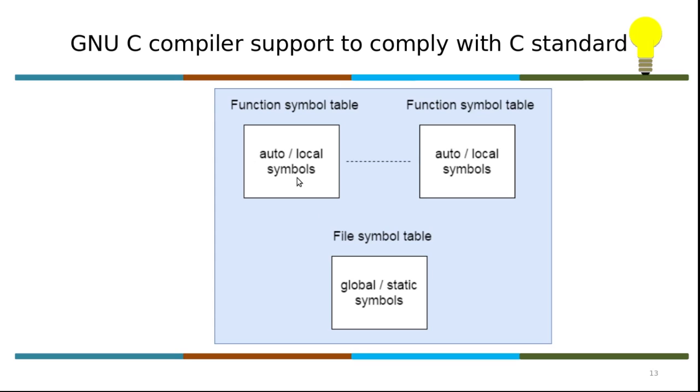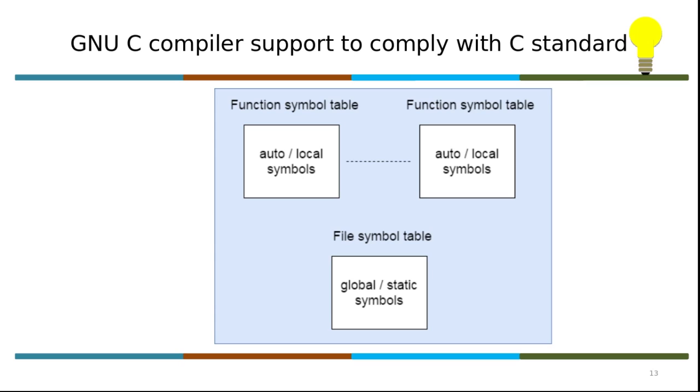Also it will generate a file symbol table. In the local symbol tables, you will only have symbols defined within a function. For every function it builds a symbol table storing all the symbols of that function, and it refers to that symbol table for generating the assembly code.